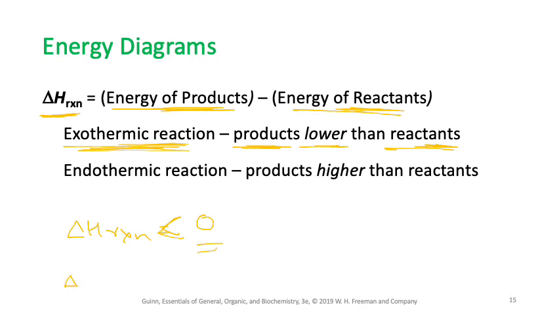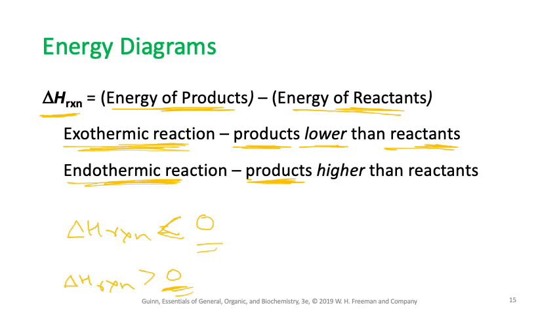If delta H of the reaction, after using the energy of the product and the energy of the reactant, comes out to be more than 0, that means you have more energy. That reaction is an endothermic reaction, because you absorb some energy. That's why delta H is more than 0. So where does this extra amount of energy go? Into the product side.